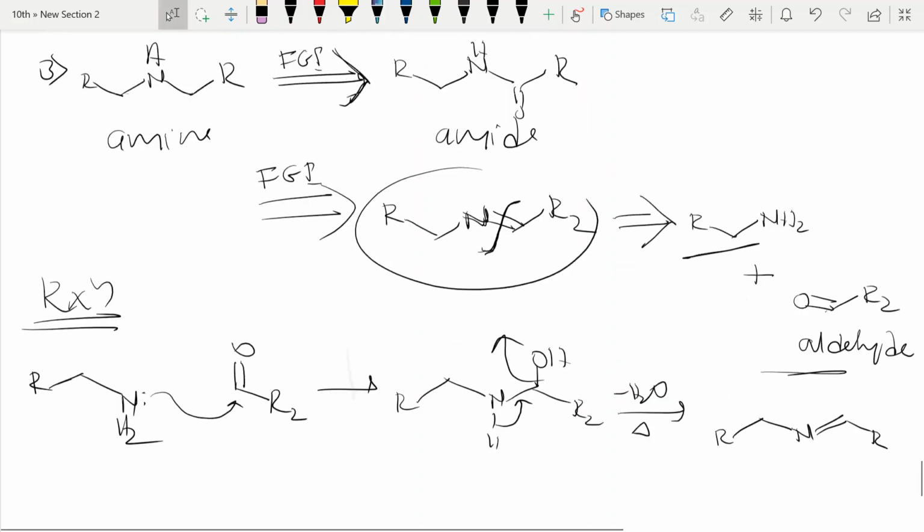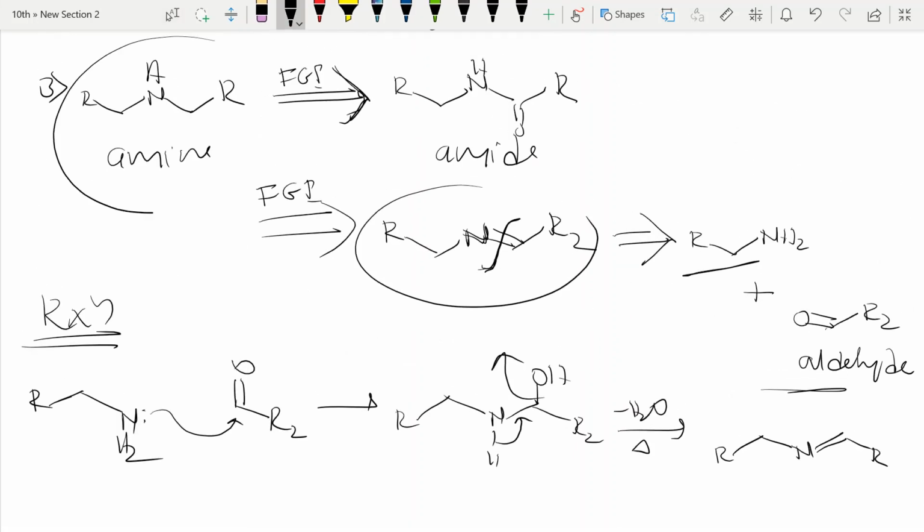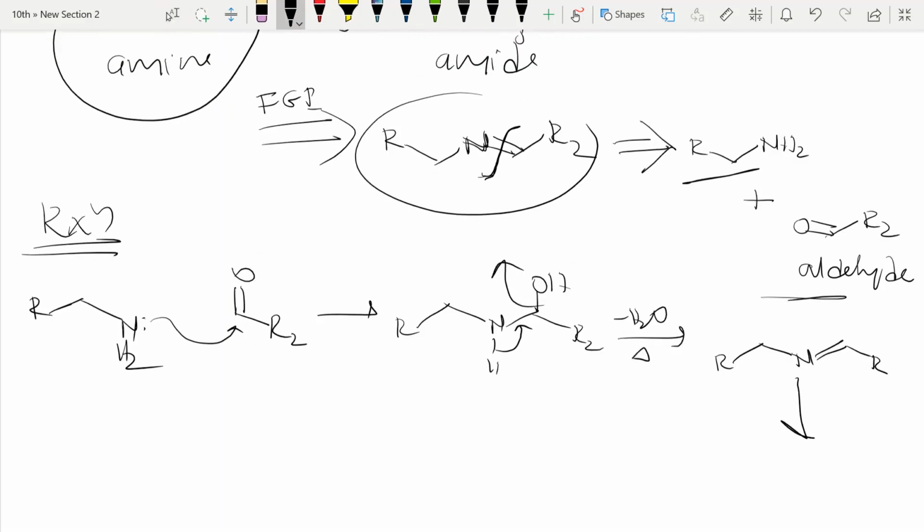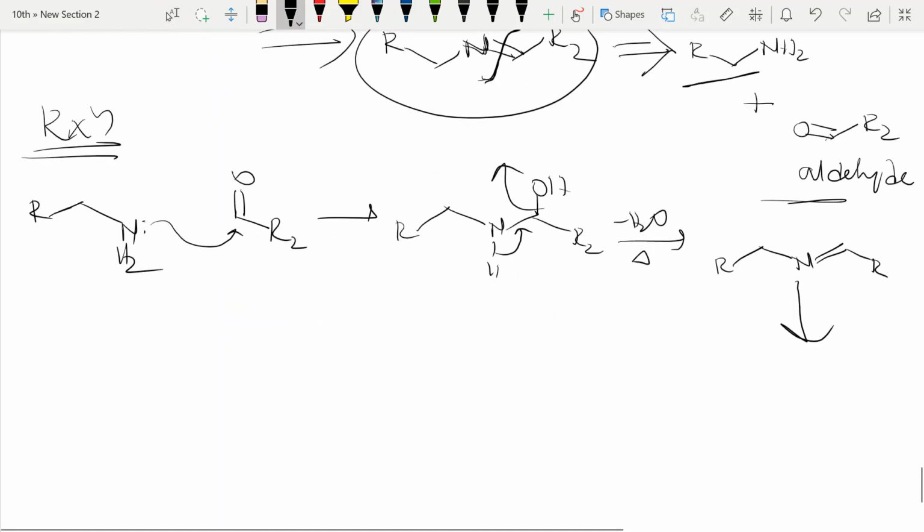So to get this starting material, that is the amine, the target molecule, what can I do? I can add some catalyst which can reduce. I have told this is not an alkene, but it is activated. Here I can use NaBH4 to reduce this, or I can use LiAlH4, right? If I reduce this, I will get an amine, CH2N CH2R.